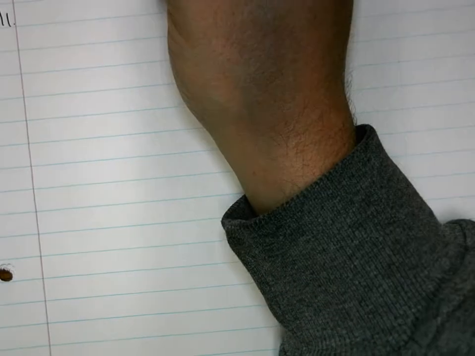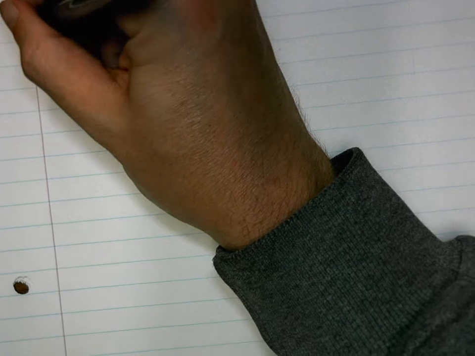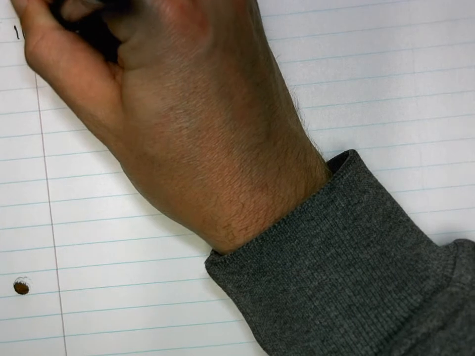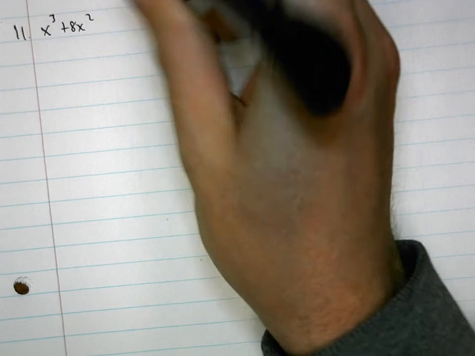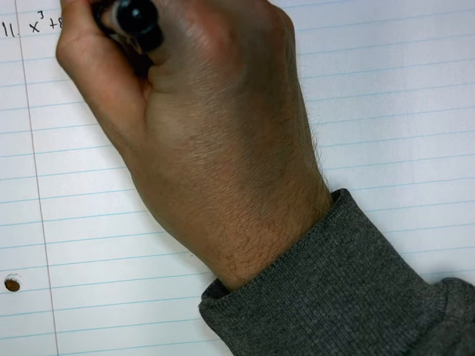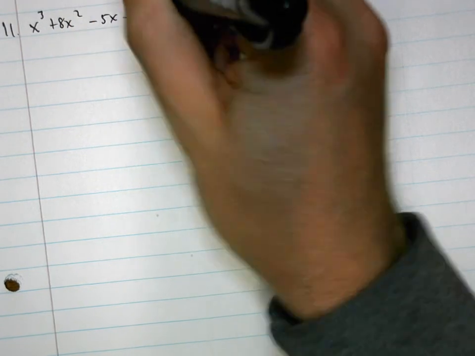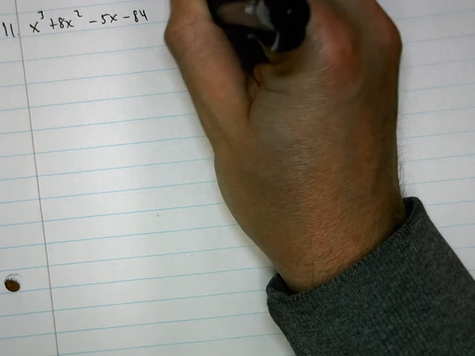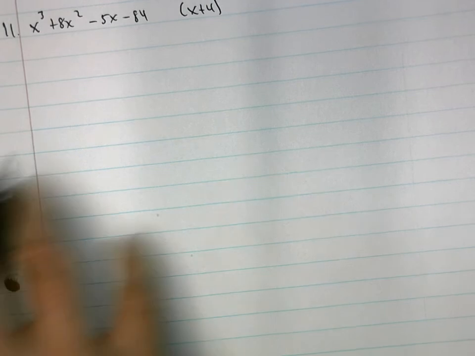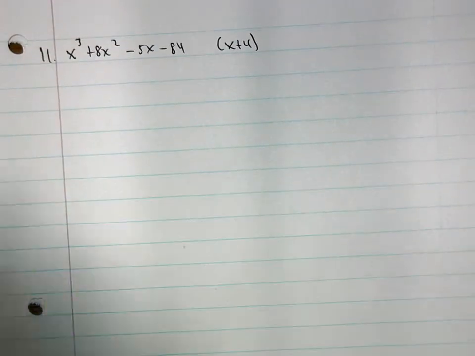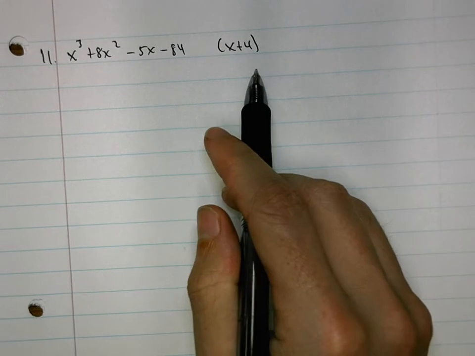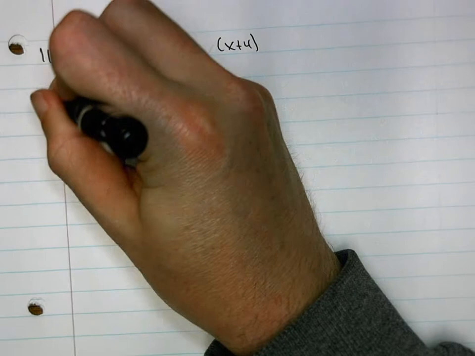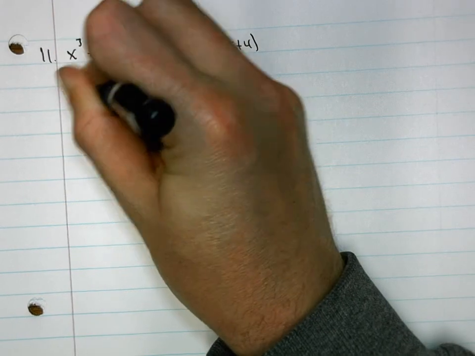Number 11. Find all the zeros of x to the third plus 8x squared minus 5x minus 84 if x plus 4 is a factor. So if x plus 4 is a factor, that means that negative 4 is a 0.